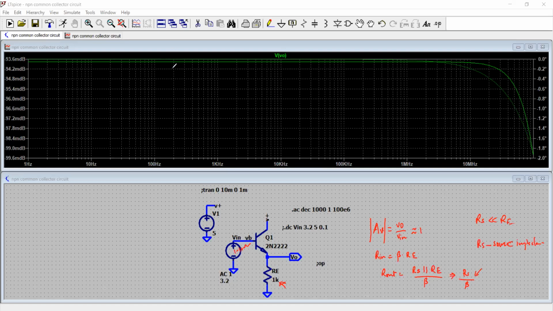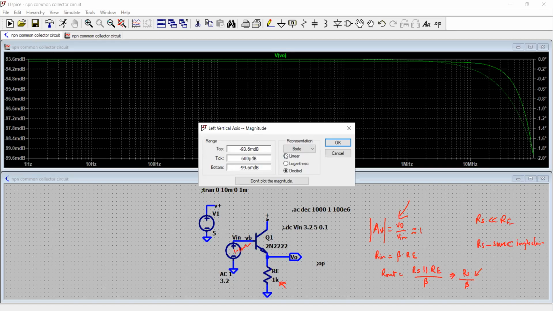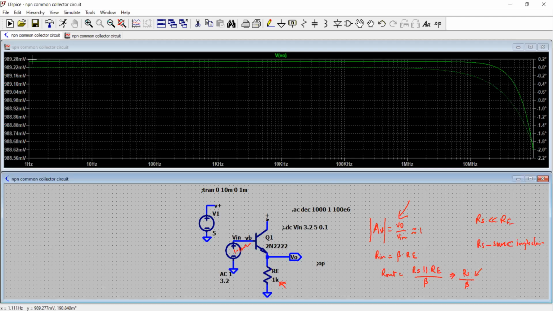Right now you see we are simulating this voltage gain, and it is close to unity. I will right click here and choose representation to linear, and I see I have about 989 millivolts, so approximately 1000 millivolts, so 1 volt.